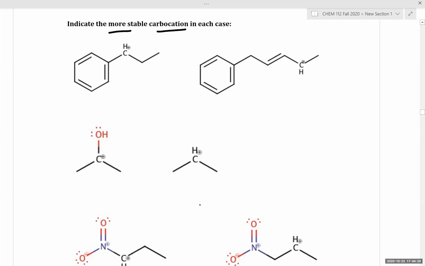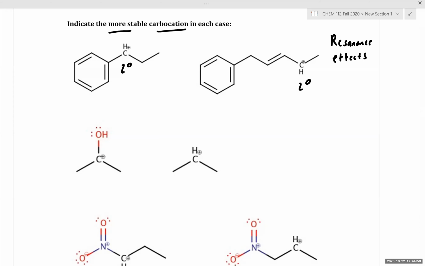Okay, so first and foremost, comparing these two structures, the major factor that I need to consider is resonance effects. Both of our carbons are secondary, so we don't really have substantial substituent effects.